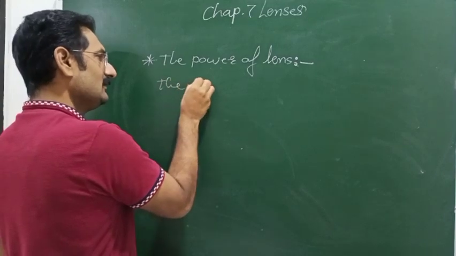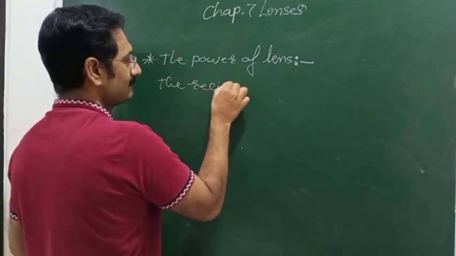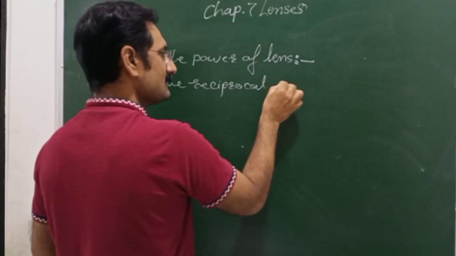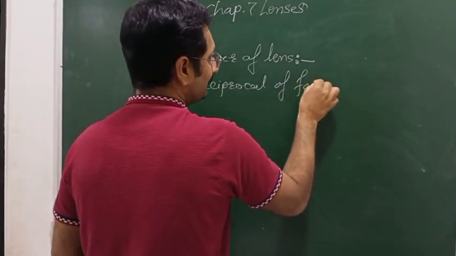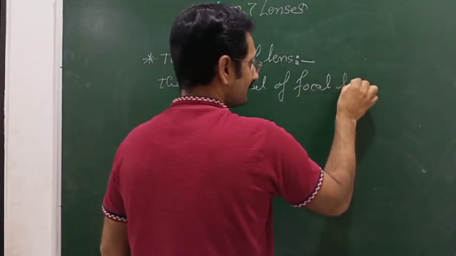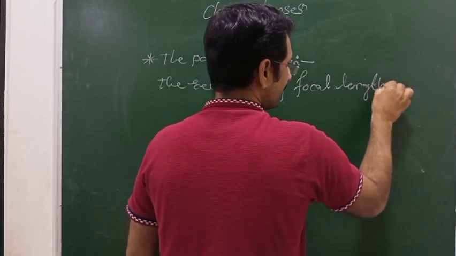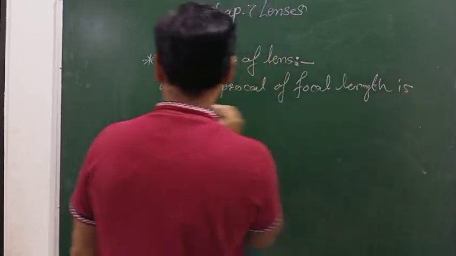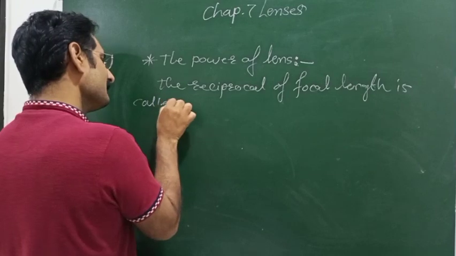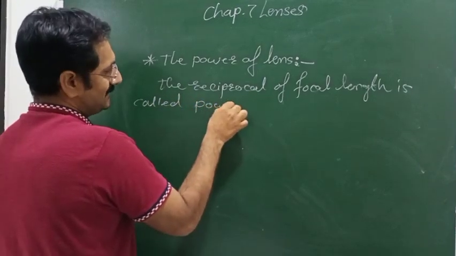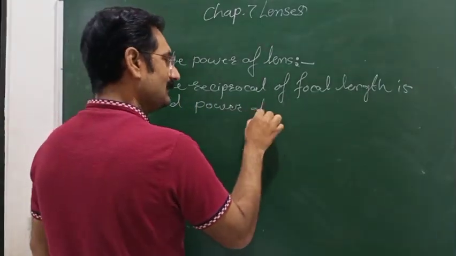The reciprocal of focal length is called power of lens.